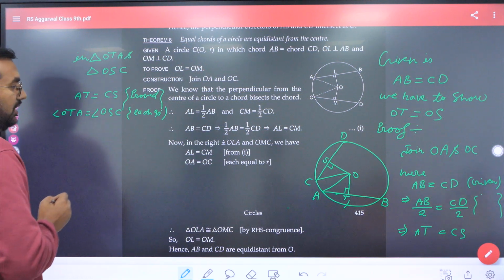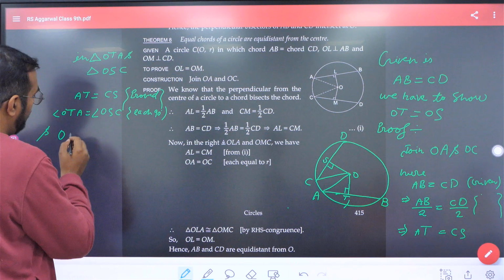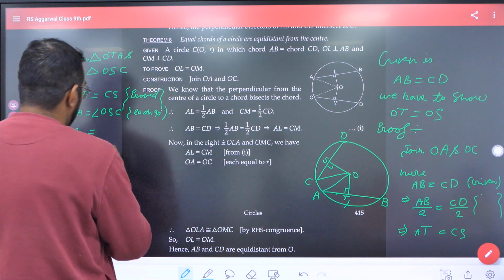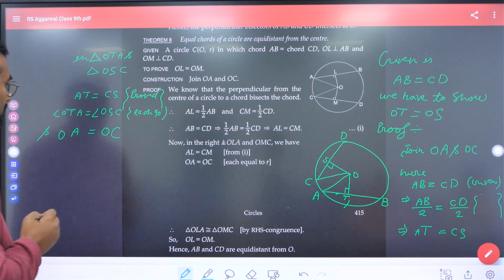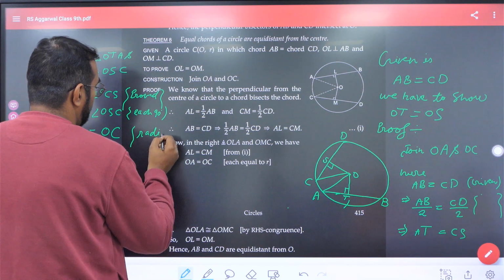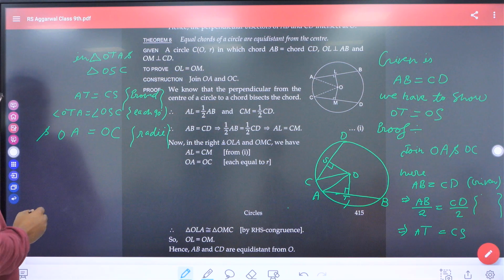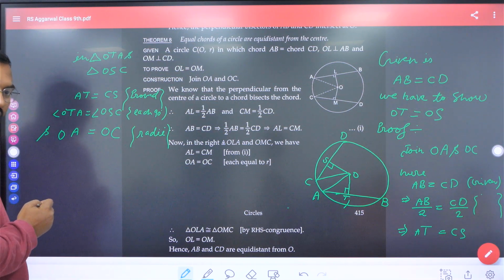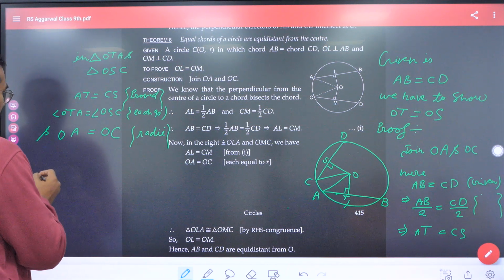And OA equals OC. How? OA is equal to OC. Yes, sir. Equal radii. Radii of the same circle, right? Okay? So by a congruency rule, these two triangles are congruent. Can you tell me the rule by which they are congruent?